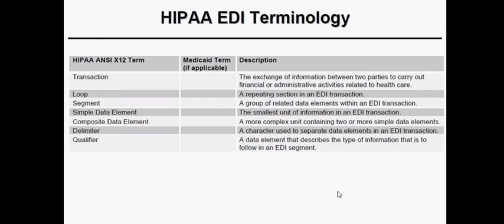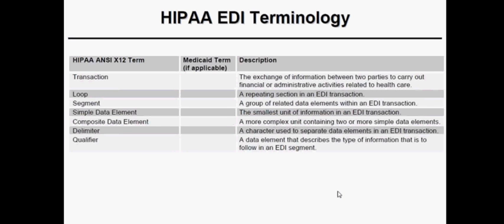So now we'll move on into the transactions, how these transactions are comprised. If you take any EDI transaction, whether it is a claim or a premium payment or an enrollment, the way this EDI transaction is comprised, it has a loop, it has a segment, it has a data element, then sometimes it can have a composite data element.